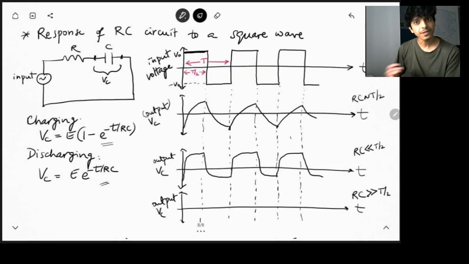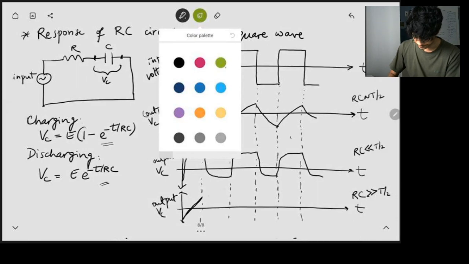In fact, it won't even reach the saturation before it's time to switch the input. So you start from here, and then it goes so slowly, it's almost a straight line. If you had given it more time, it would have gone on like this.